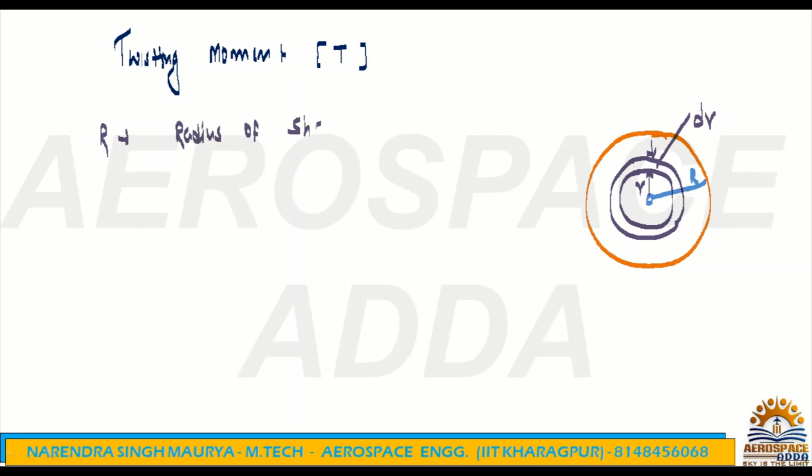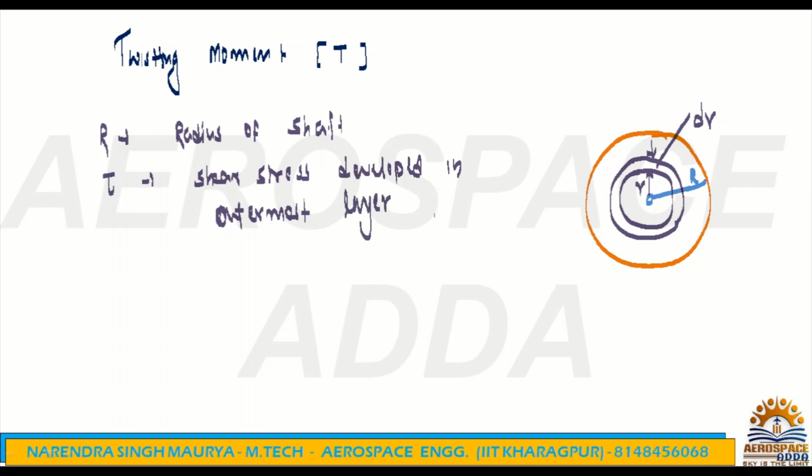Tau is the shear stress developed in the outermost layer of the shaft. Okay, now you can check.